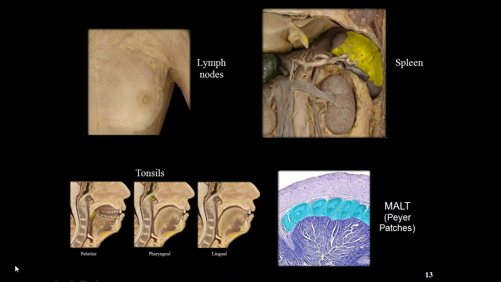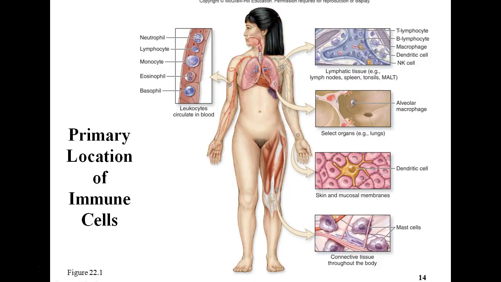Here's a couple images just as a review showing the presence of some of that lymphatic tissue we've been discussing. In summary, this diagram tries to show the location of immune cells. Again, remember that we have a variety of white blood cells, aka leukocytes, that circulate in the bloodstream.